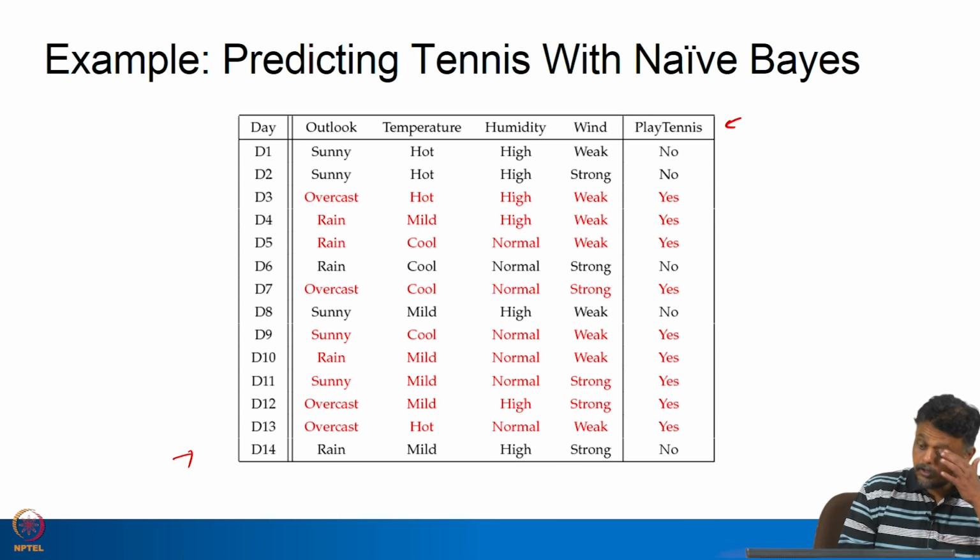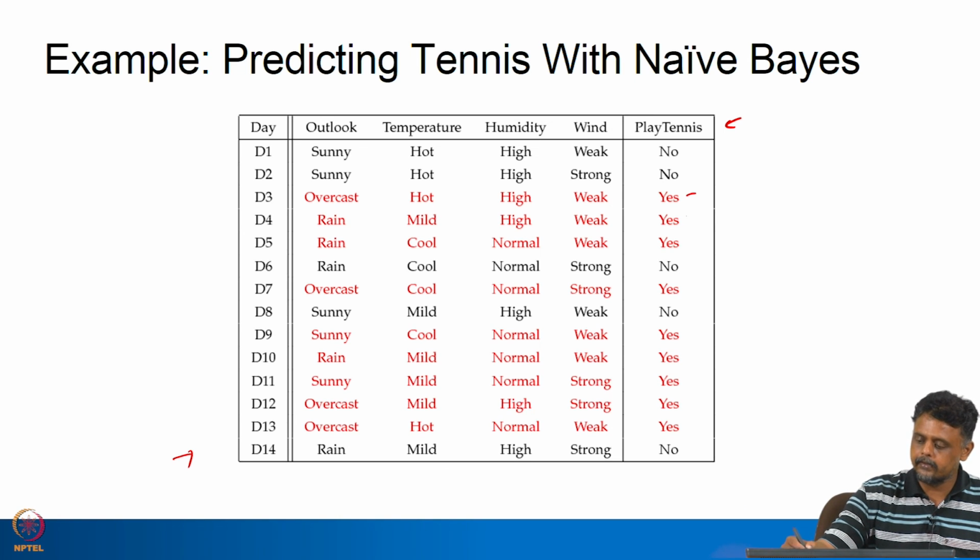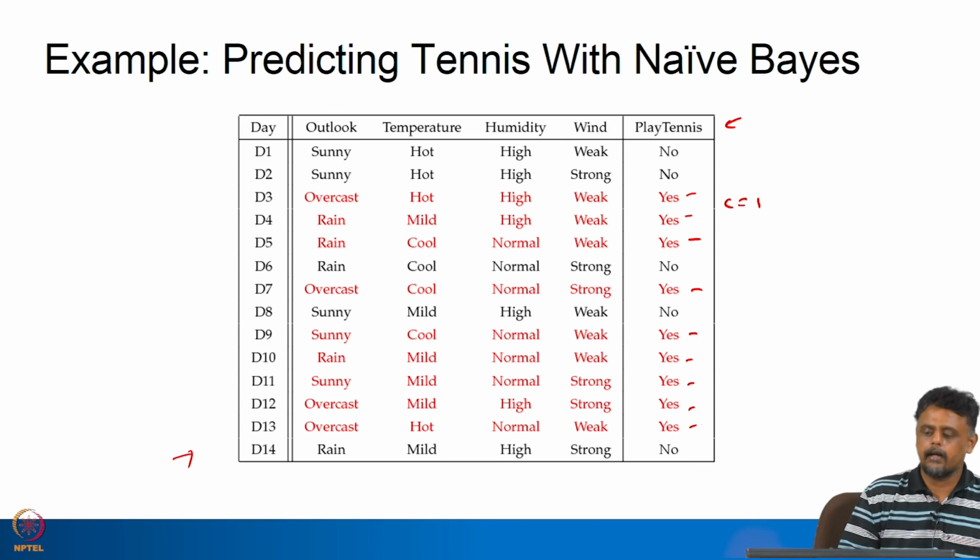If you look at how many times we decide to play, we say yes, category equal to 1, that is 1, 2, 3, 4, 5, 6, 7, 8 and 9 times. Out of these 9, we have outlook sunny twice, and both times when outlook is sunny we decide to play.